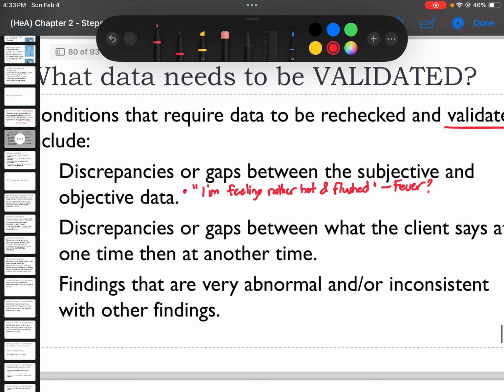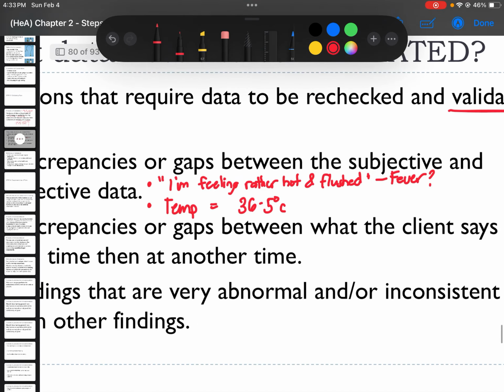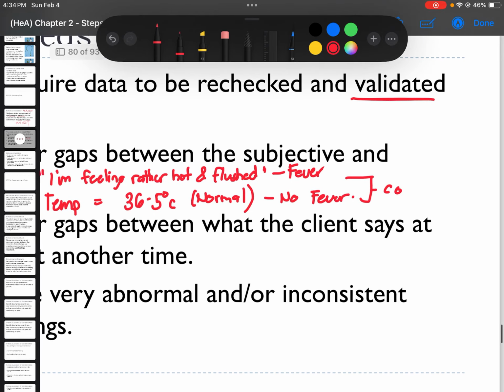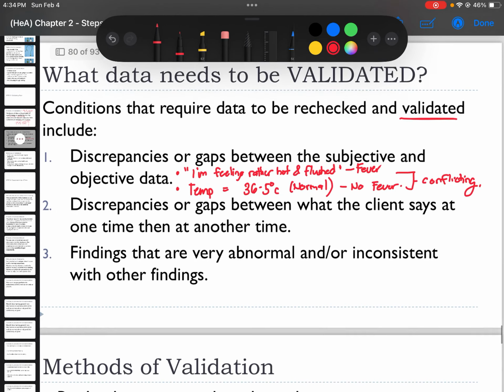But during your physical assessment, when you give them a thermometer, the temperature was 36.5 degrees Celsius. Now that is normal. So there is possibly no fever. See, those two are conflicting. Okay? We have to check for discrepancies like that.